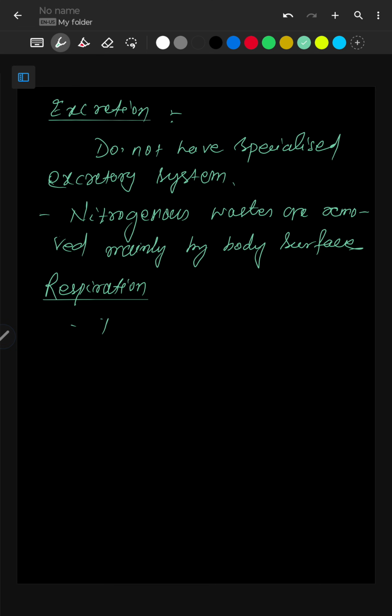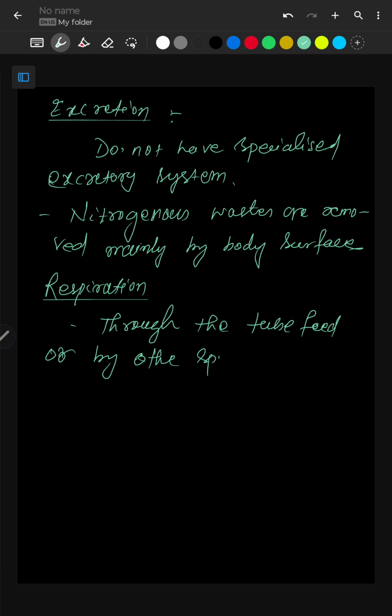So it takes place through the tube feet, or sometimes by other specialized respiratory surface.